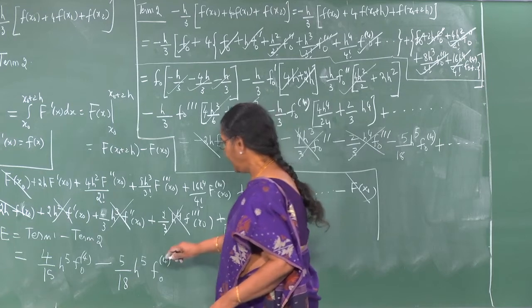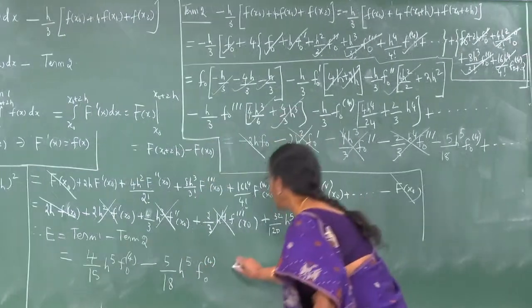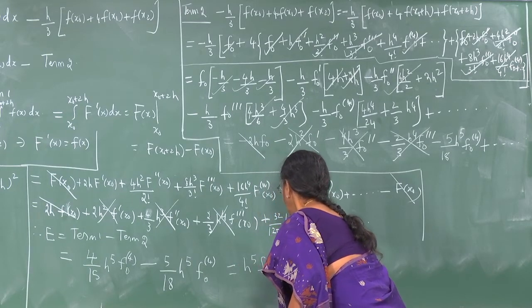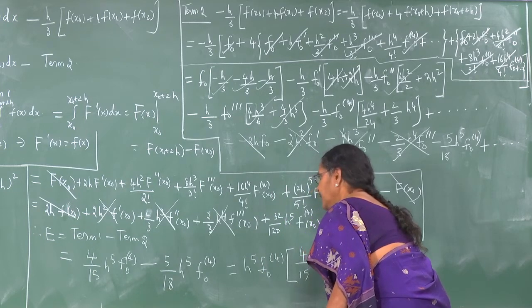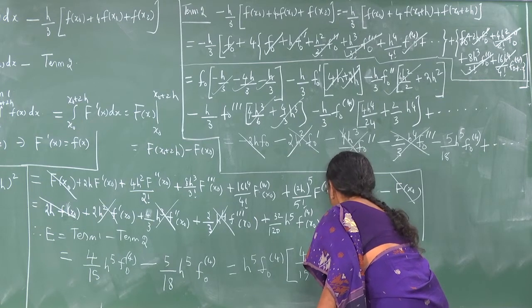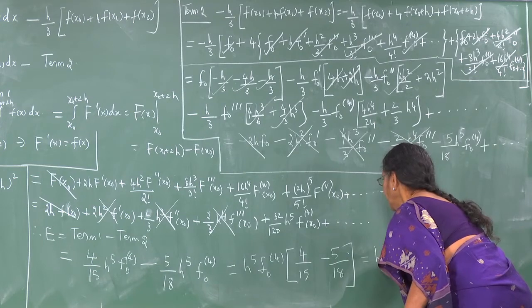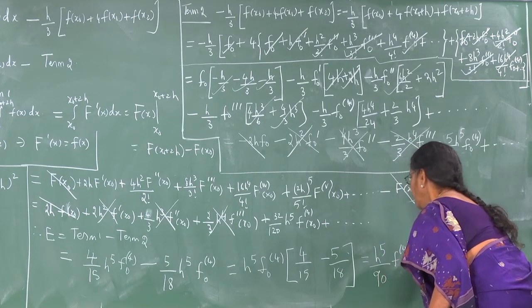So, this is the leading term in error. This gives you h power 5 into the fourth derivative multiplied by 4 by 15 minus 5 by 18. So, that will give you h power 5 by 90 into the fourth derivative.